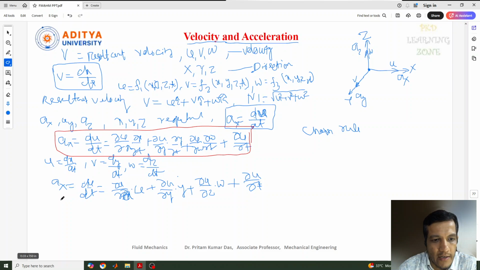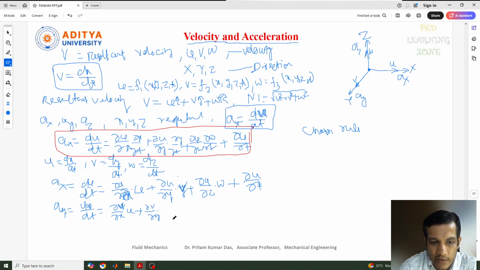Now similarly, in the same way we can write for ay also, acceleration in the y direction, that is nothing but dv by dt. So similarly we can write del v by del x into u, similar terms, then del v by del y into v.